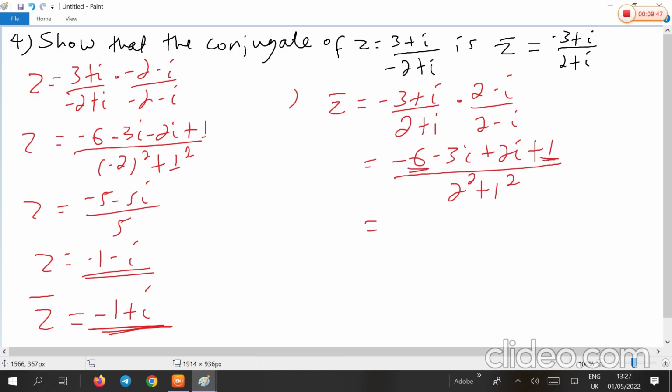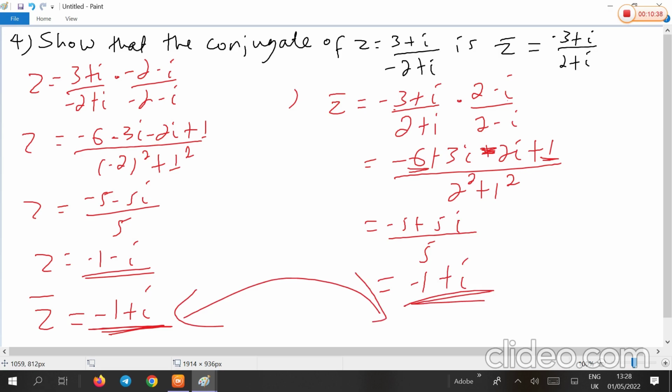So minus 6 plus 1 is minus 5, and 3i plus 2i is 5i. So it is minus 5 plus 5i over 5, which is minus 1 plus i. So we have shown that the two are equal: if z is (3 plus i) over (minus 2 plus i), then its conjugate will be (minus 3 plus i) over (2 plus i).